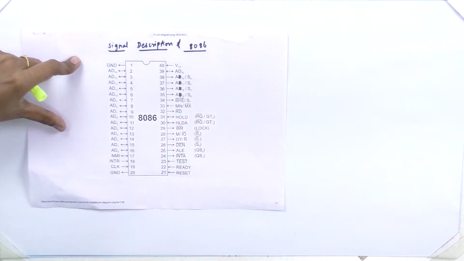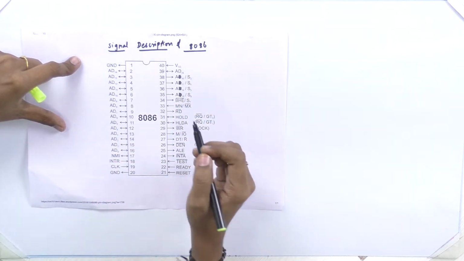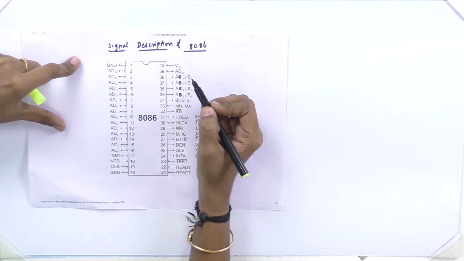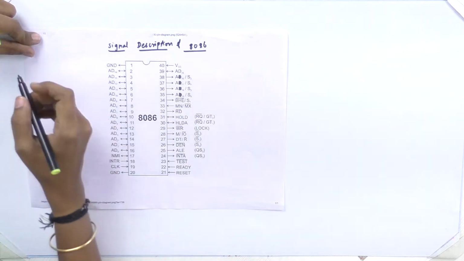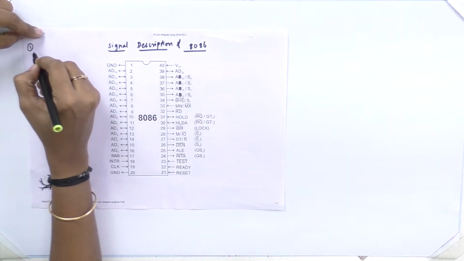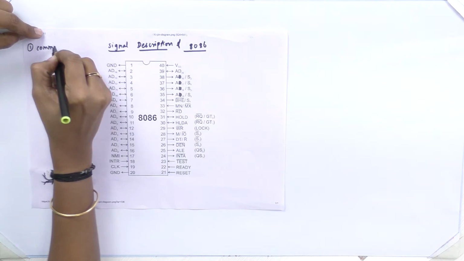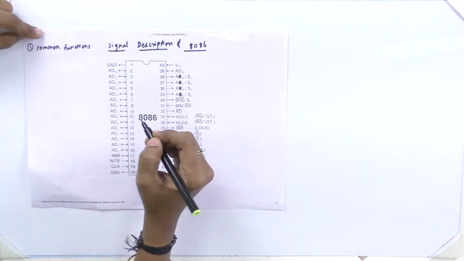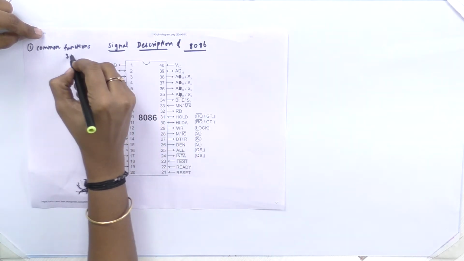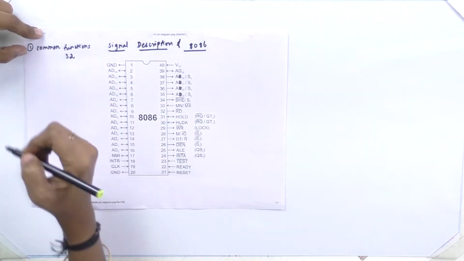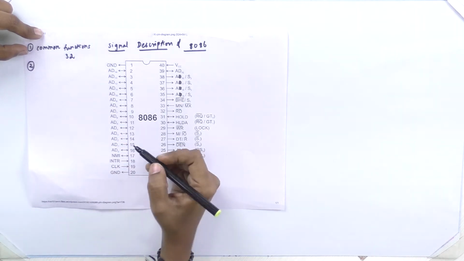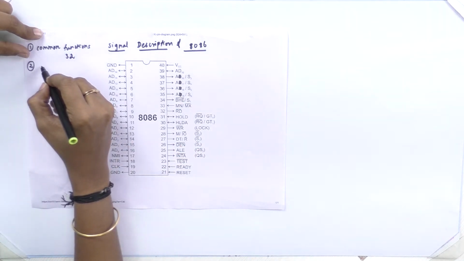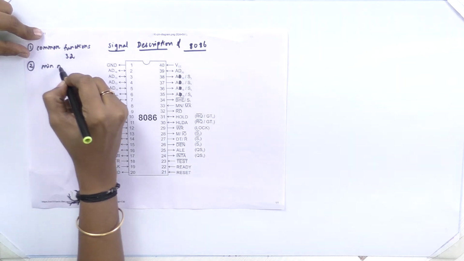The signal descriptions of the 8086 are classified in three ways. First, signals having common functions besides minimum or maximum mode. There are totally 32 pins that exhibit such functions. The second is pins that have special functions when the processor operates in minimum mode.